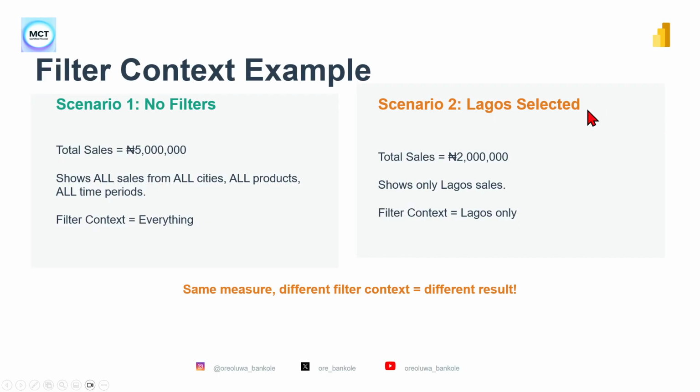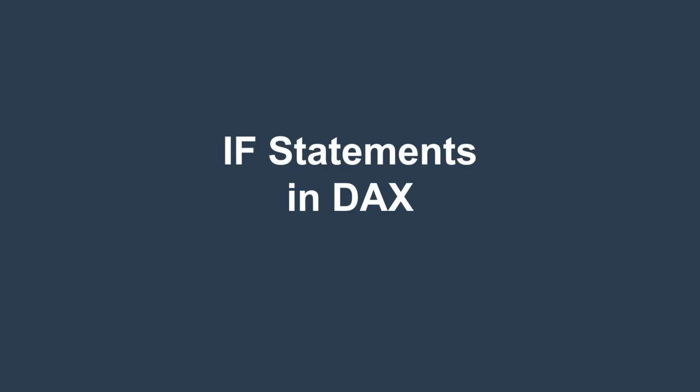But the second scenario is when you select Lagos like this, it will filter all the sales to show only the sales in Lagos State. So the filter context in that case is Lagos only. Are you following? That's what filter context is all about.